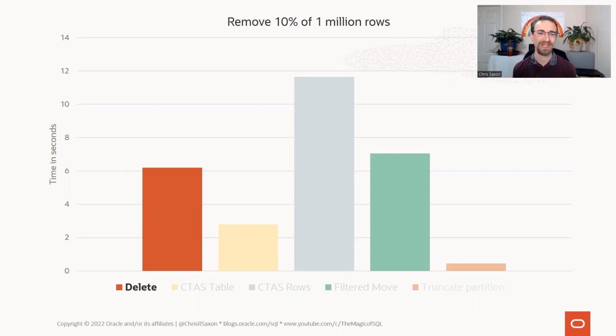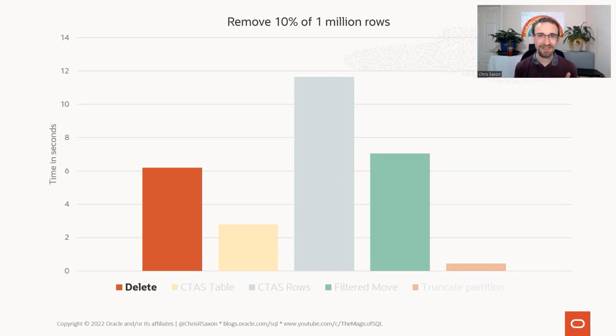So you're in that awkward sweet spot where the delete takes a long time, but these DDL operations actually take even longer because you're still keeping the vast majority of the rows in the table. So, in many ways, it's a bit of a rock and a hard place.